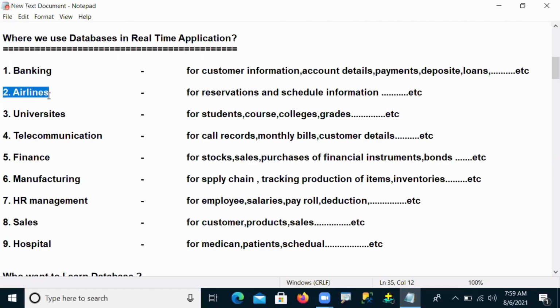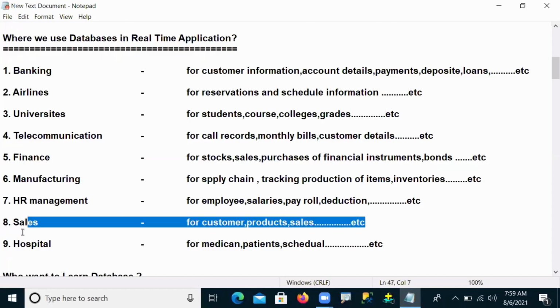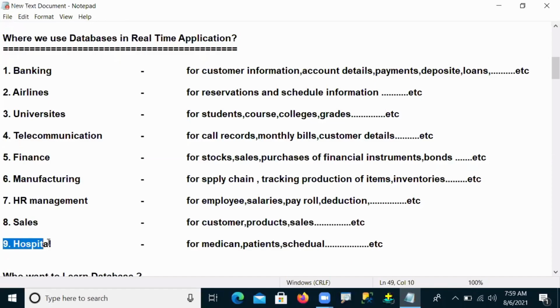Likewise airlines, transport, booking tickets, reservations, the schedule of your journey. Universities and governments provide students' information, details, courses, colleges. Like this, with any online application, we definitely get some messages.